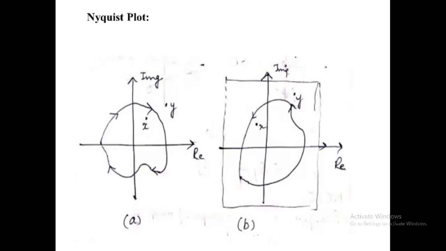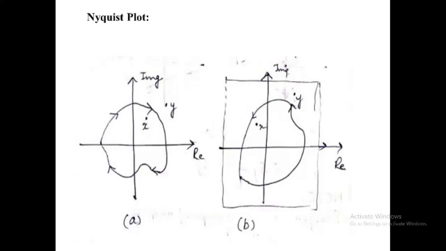A point or a region in a complex function plane is said to be encircled by a closed path if it lies to the right side of the path when the path is traversed in a prescribed direction.